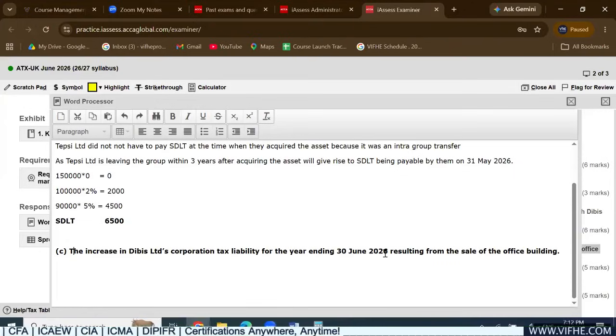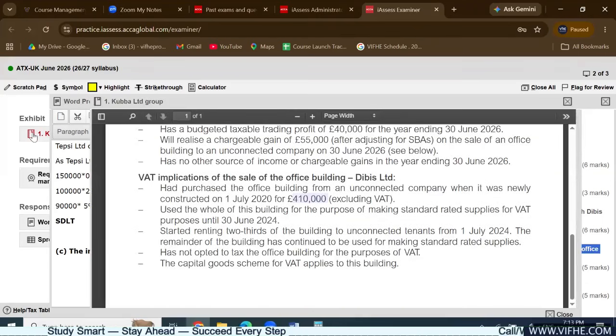So this is how I did not have to type much. I believe this is going to be the most appropriate type of heading, because it is straight away copied from what the examiner said. All right, now what happens next is I'm just going to open the exhibit to see the information.